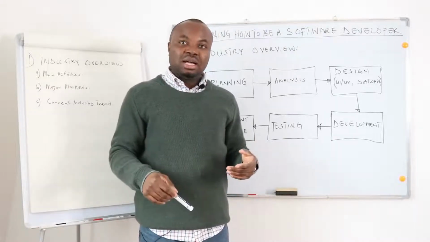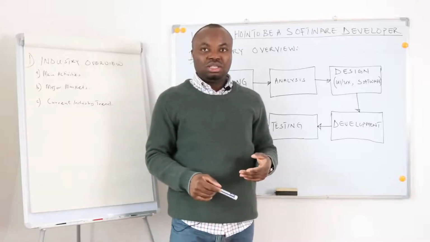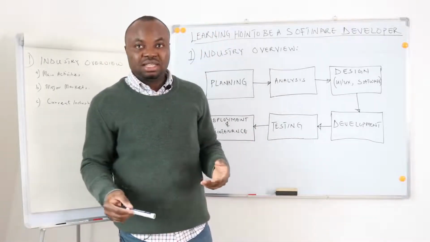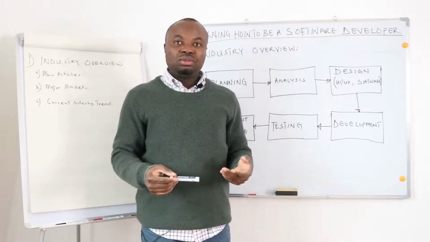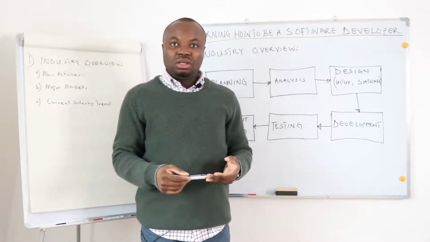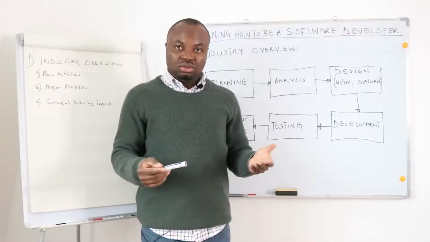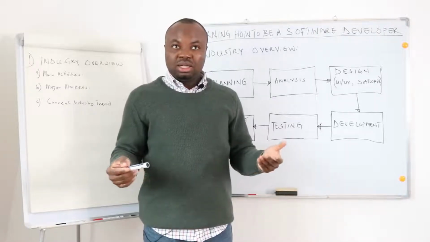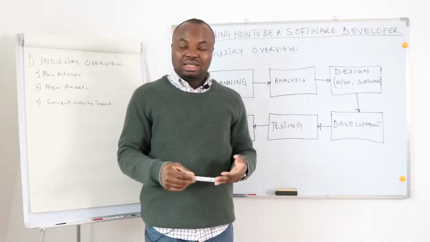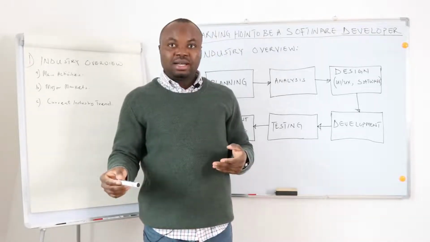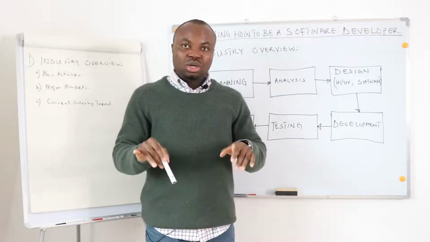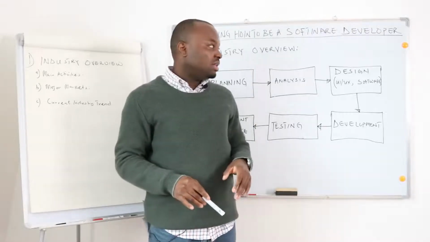Another thing you do in the design phase is to produce the software design artifact, which will include your class diagram. You could use the UML notation to produce the class diagrams, the activity diagrams and the sequence diagrams. These are some of the things you produce when you are doing the software design.